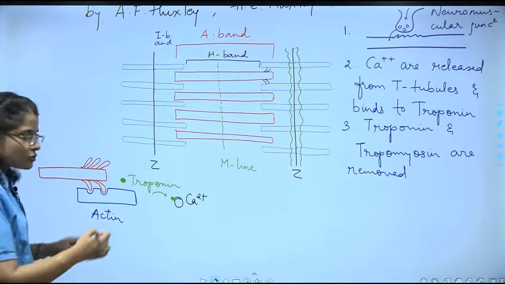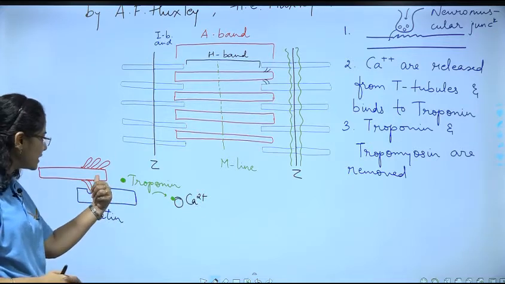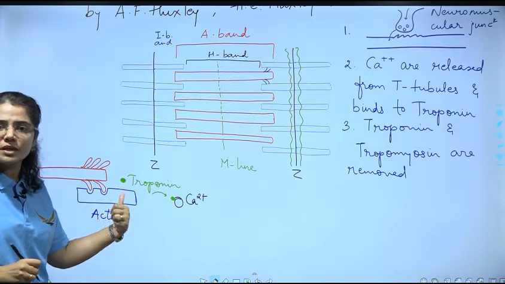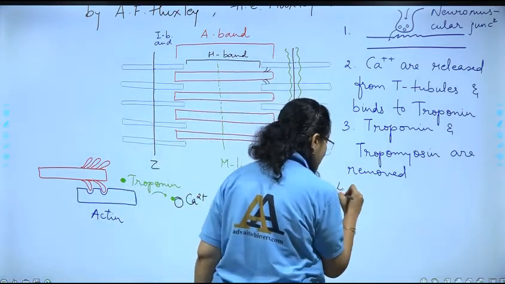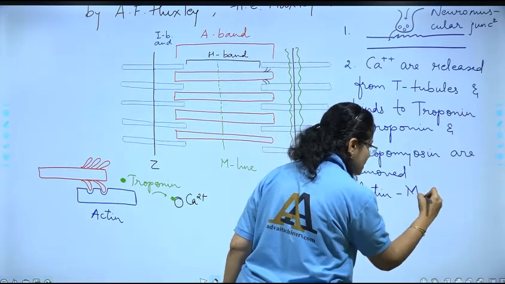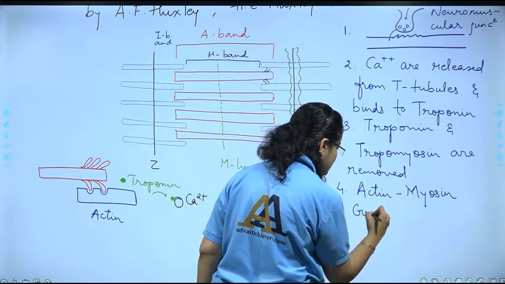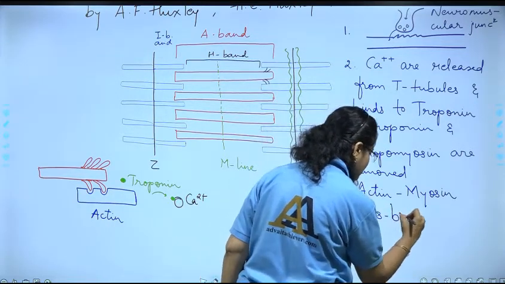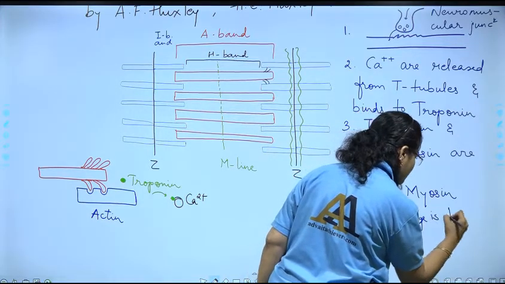This is clear. So when this happens, we say the actin-myosin cross bridge is formed. So the fourth step, if we want, we can say actin-myosin cross bridge is formed.